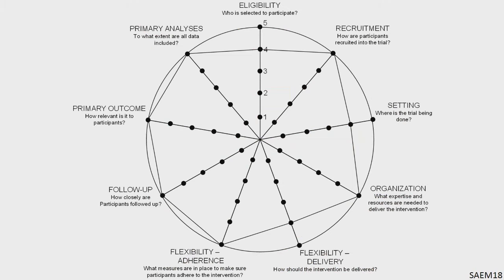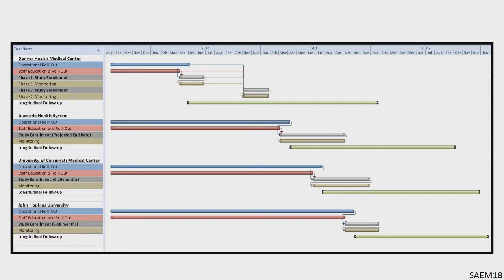This is the PRECIS-2 figure for the HIV trial. As you can see, the area is fairly large, and so I think it reflects the notion that this is a pretty pragmatic trial on the spectrum. And this also represents the timeline. Again, by way of background, as you can see, we didn't start all sites simultaneously.